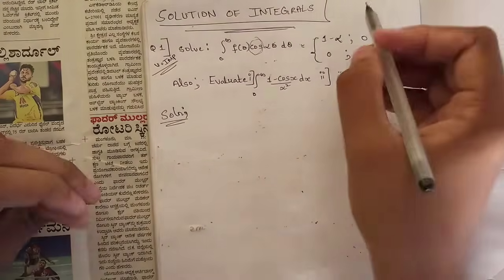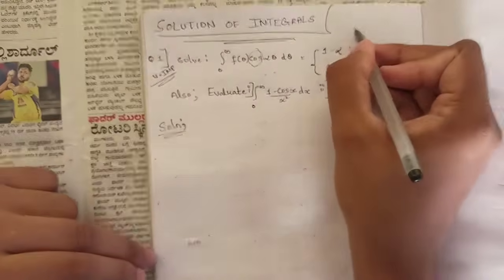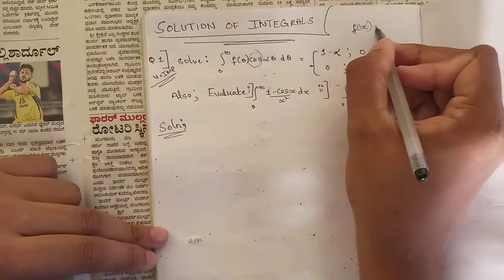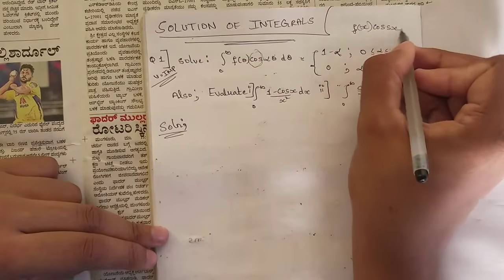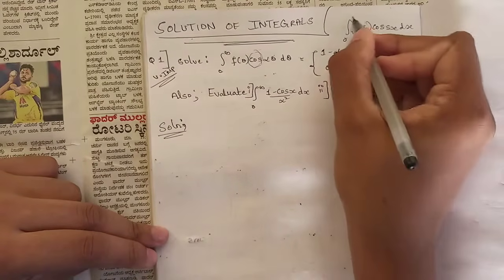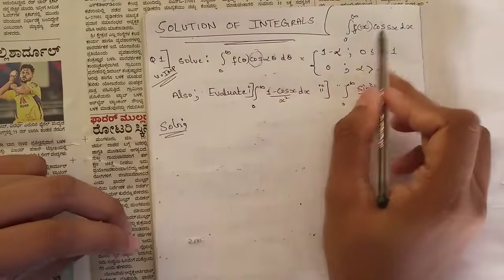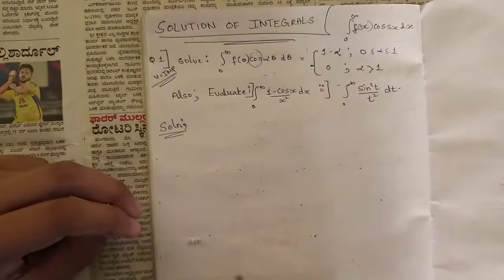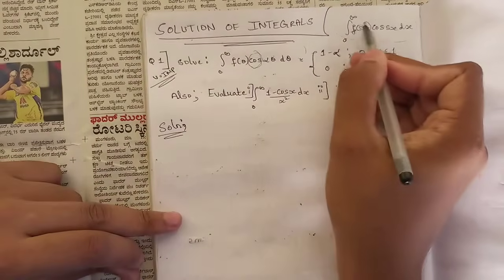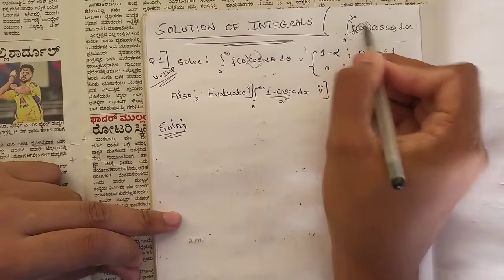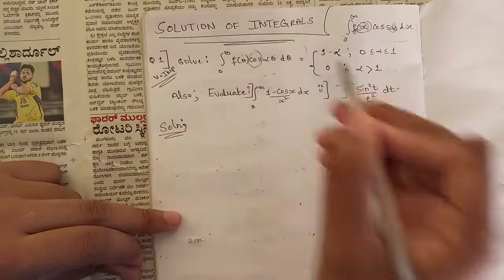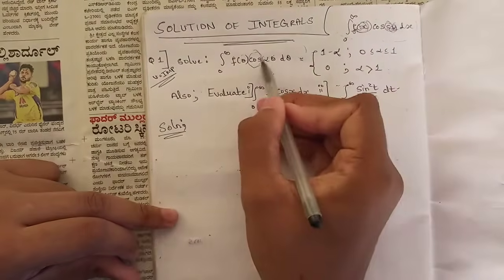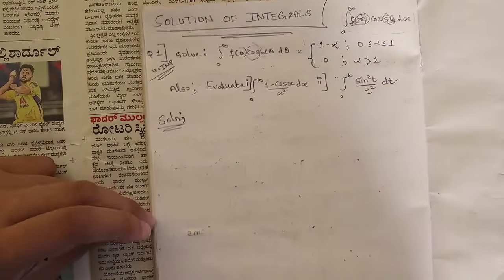The formula for Fourier cosine transform is the integral from 0 to infinity of f of x cos sx dx. If you observe carefully, in place of x we have theta, and in place of s we have alpha.